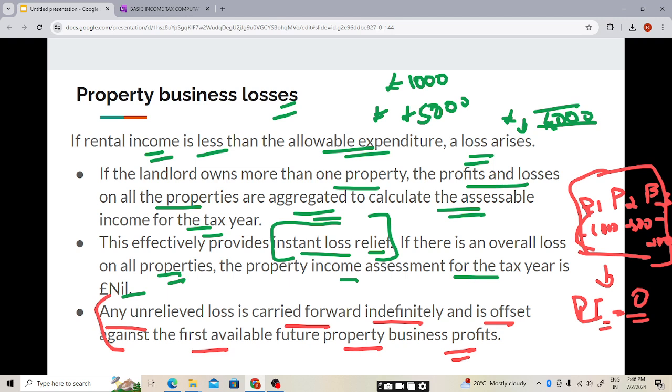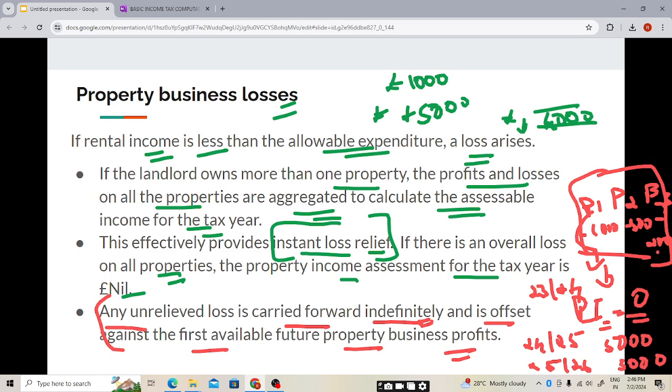How long can you carry it forward? Indefinitely, no limit. It is not that you can carry it only for 10 years; you can carry forward your loss for an indefinite period of time. But how do you set off the losses? For example, in the tax year 23-24 there is no income, in 24-25 you had an income of 5,000, and in 25-26 you had an income of 30,000.